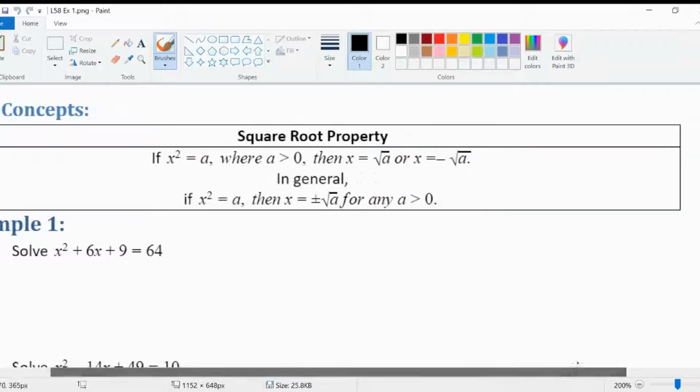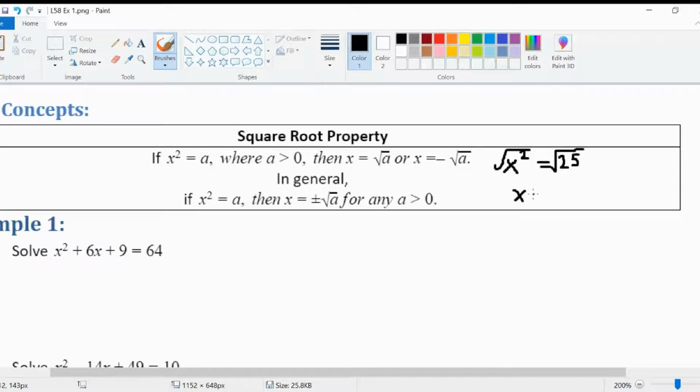The property says that if you have a variable squared equal to a number a, then in general your x is going to equal plus or minus the square root of a. So just really quickly, if you have x squared is equal to 25, which we just looked at, to solve for x you're going to square root.